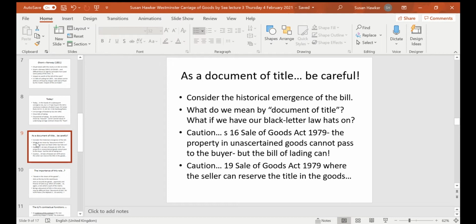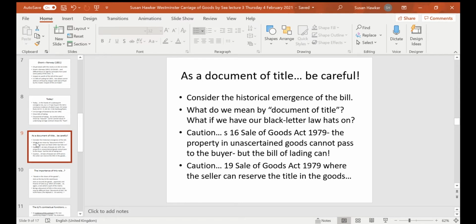And the bill of lading's function in this purpose, and we can call it a document of title, as a document that stands in the shoes of the goods, is critical because, of course, it can be pledged for finance with a bank.